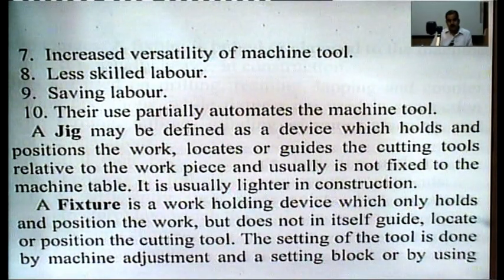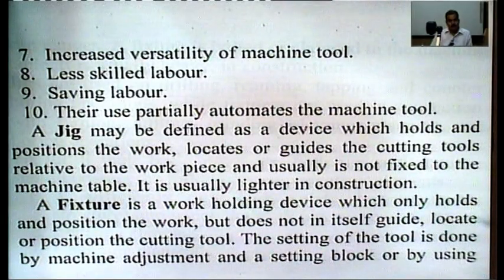It is usually lighter in construction. So, a jig is a device which holds and positions the workpiece, as well as locates or guides the cutting tool relative to the workpiece, and these jigs are relatively lighter in construction as compared to fixtures.